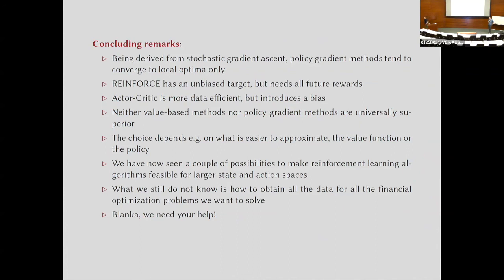So somehow, internally at least, you have to estimate the state dynamics, and for that you need a lot of data. Of course, it depends always on the concrete situation, but since everything here is potentially model free, you need a lot of data so that your algorithm can learn the dynamics. Otherwise, it produces garbage.